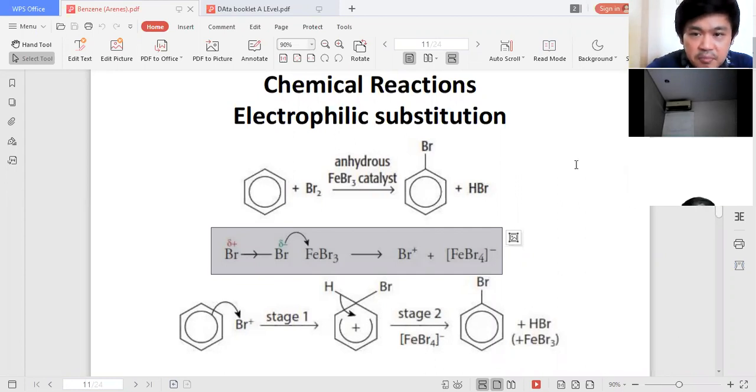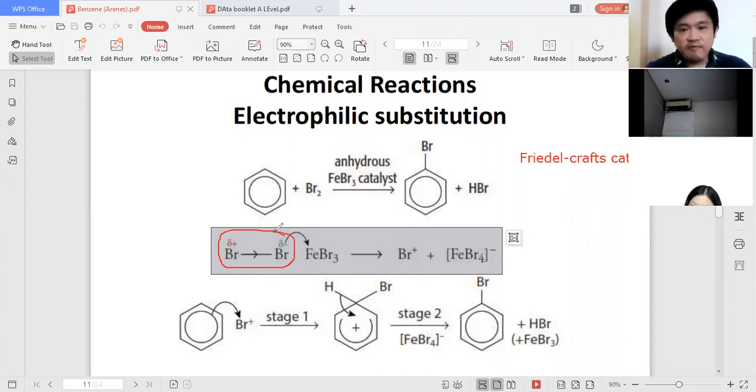And for benzene, there is a mechanism. We know that bromine, this is the formation of the electrophile. Bromine can become an electrophile or a nucleophile, depending upon the catalyst and the compound or molecule that reacts with the bromine.